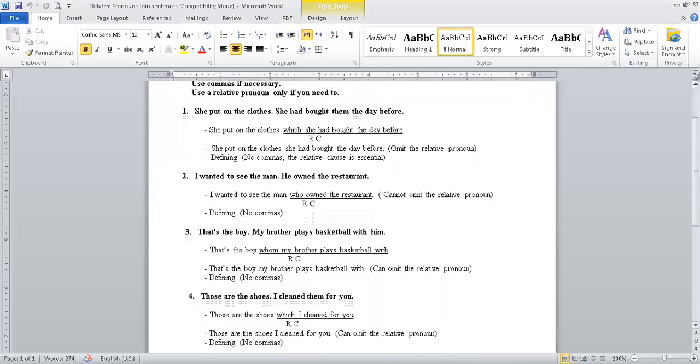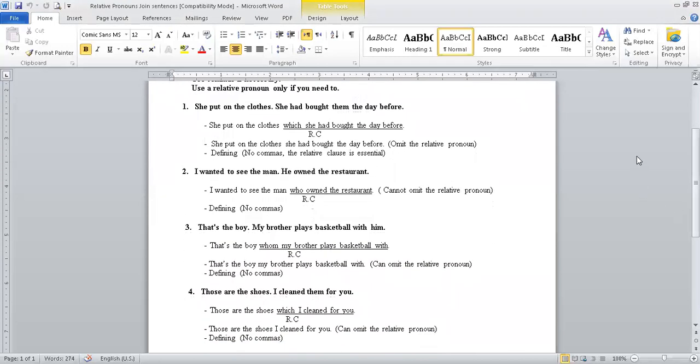The second sentence, I wanted to see the man. He owned the restaurant. Who owns the restaurant? The man. So he refers to the man, so it is a subject. Now let's join these two sentences with a relative pronoun which is suitable to define the man.